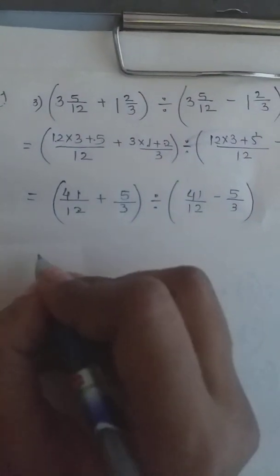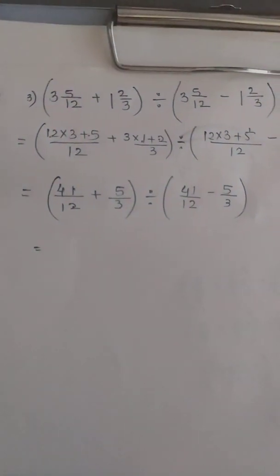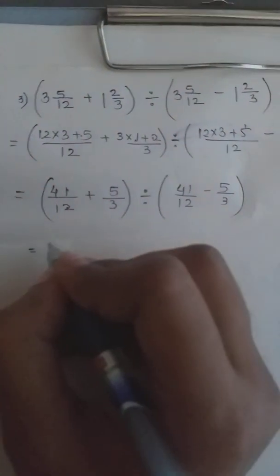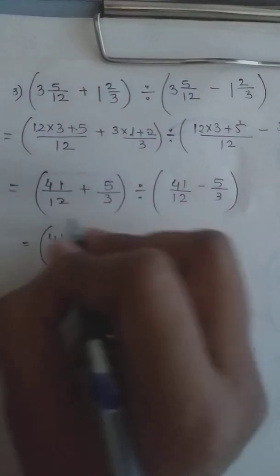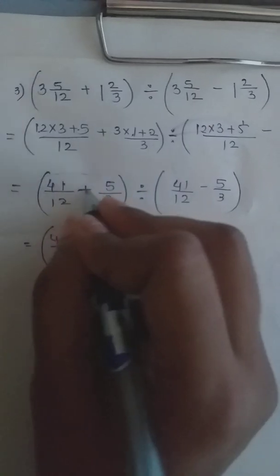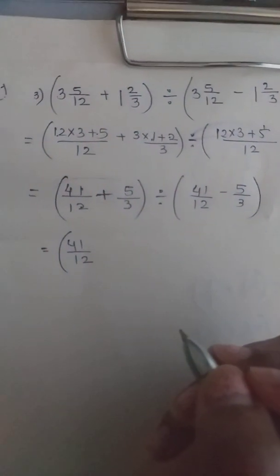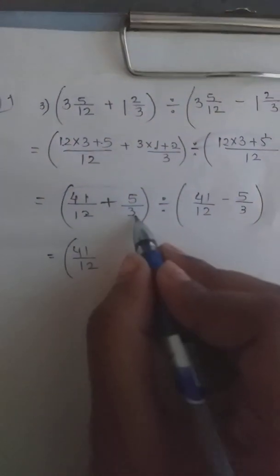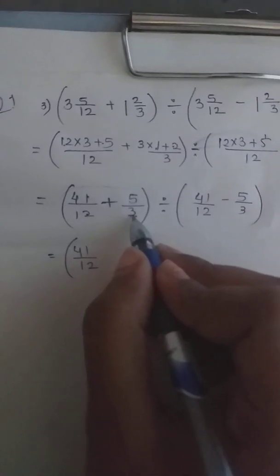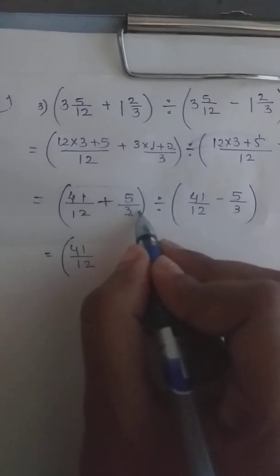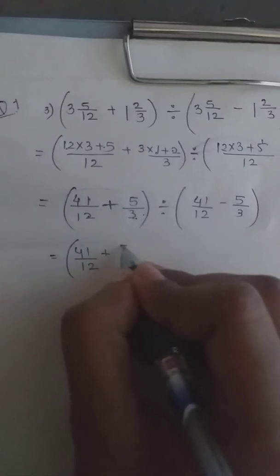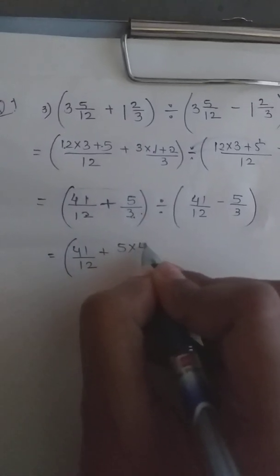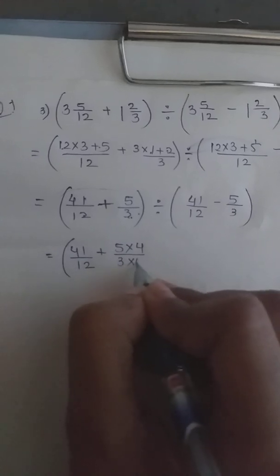Now next, 41 by 12. In this box we have to make the denominator the same, then only we can do the addition. So to make the denominator the same, I multiply 3 by the number which gives 12: plus 5 multiplied by 4 and 3 multiplied by 4.